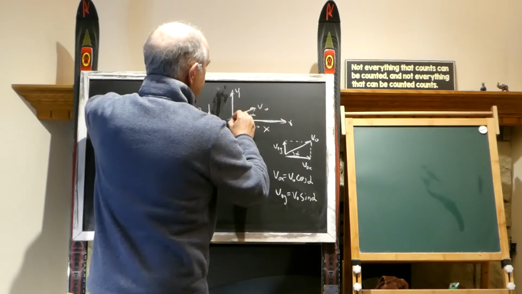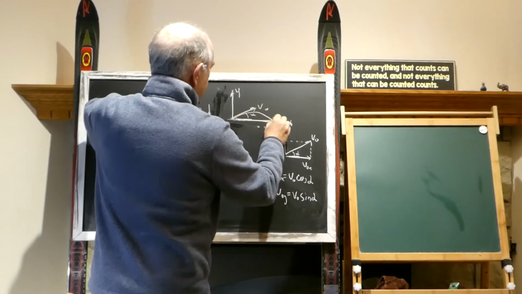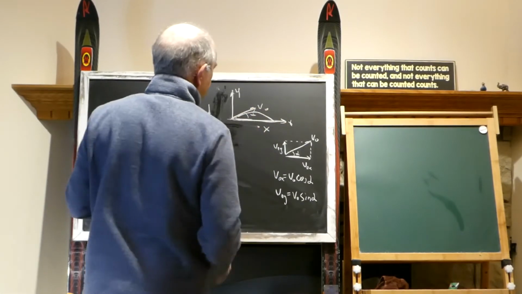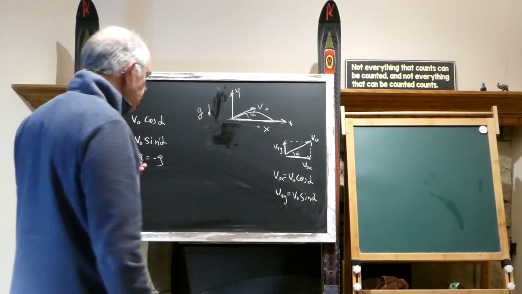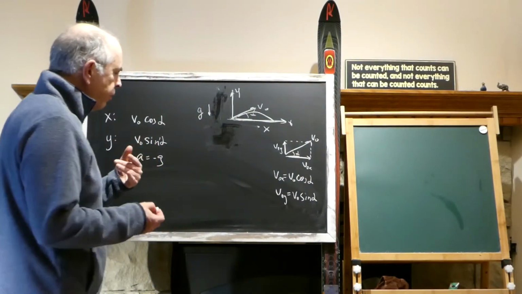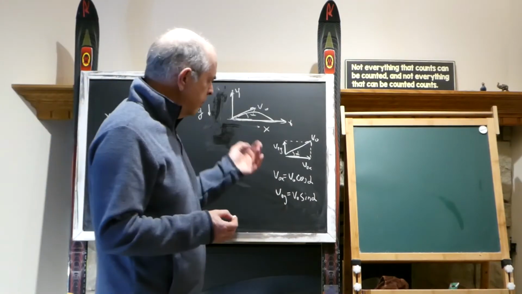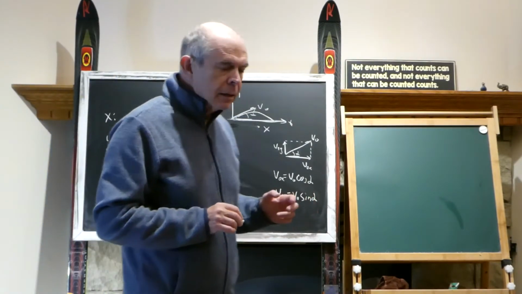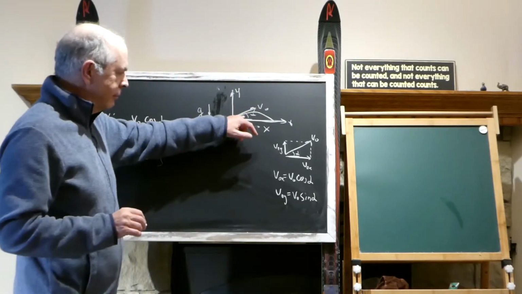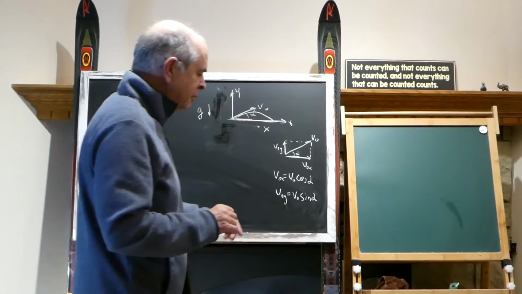So this is what's called the trajectory. And this is the trajectory of the body. And we will solve many problems attacking this from different angles, no pun intended, no connection to this alpha.